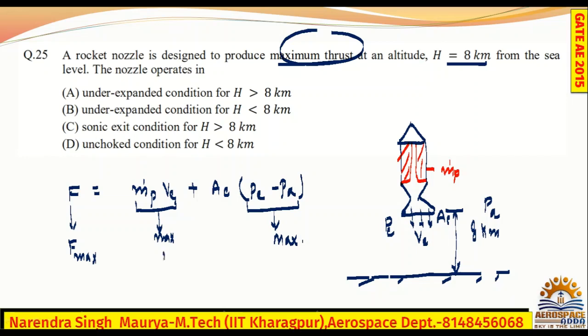First component and second component. The first component depends on the mass flow rate as well as exit velocity. More exit velocity, more thrust. More mass flow rate of the propellant, more thrust. What about the second? Second is related to the pressure, because exit area is constant, PE minus PA. I will write in the next page.